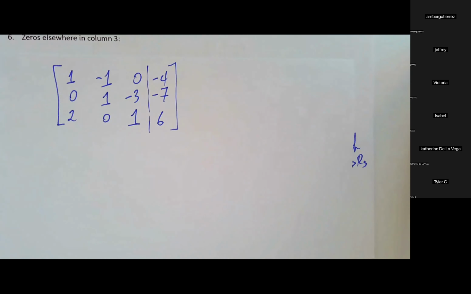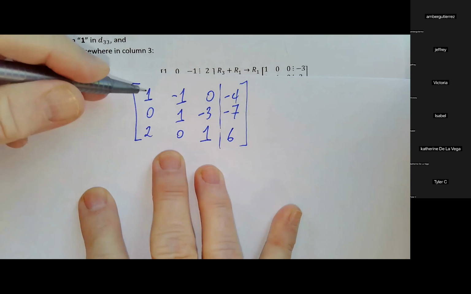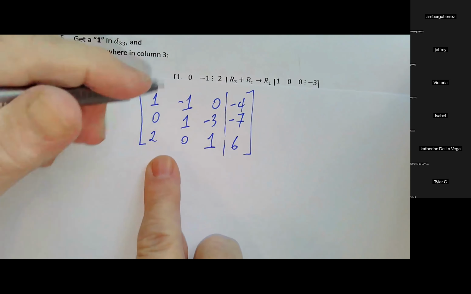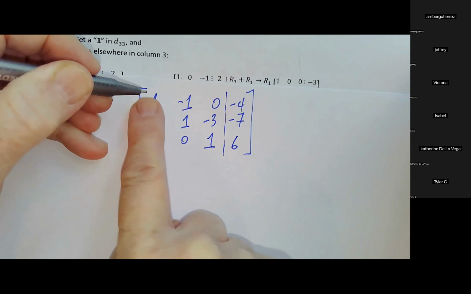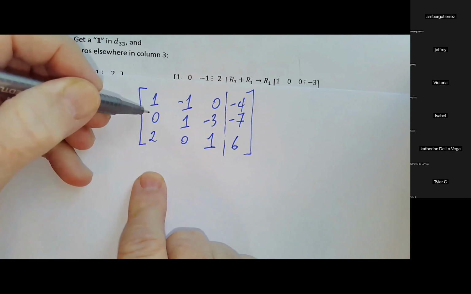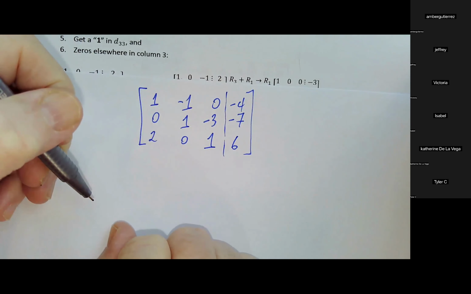The command is switching them, but for what step would the command be? The step would come in the second part of column 1. So column 1, we did the 1 already, and then part of the zeroing out would be the switching. Okay.